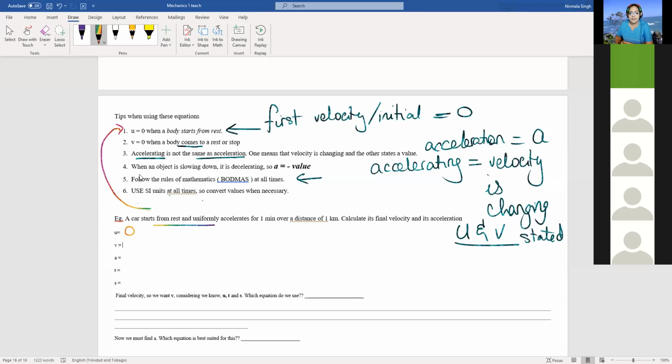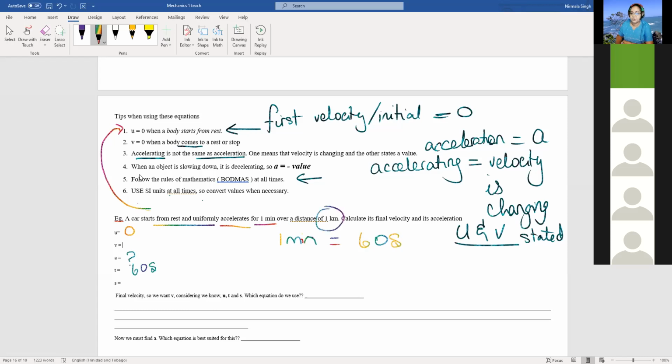So a car starts from rest and uniformly accelerates. Accelerates is not acceleration, so we do not know what the acceleration is. For 1 minute, 1 minute is time, and I know that 1 minute is equal to 60 seconds. So my time will be 60 seconds over a distance of 1 kilometer.